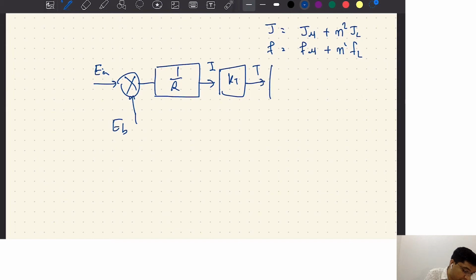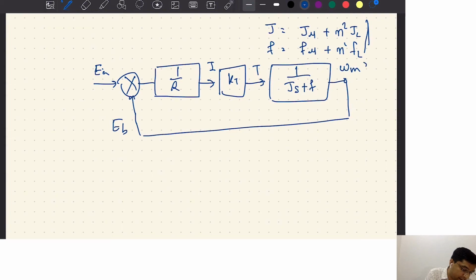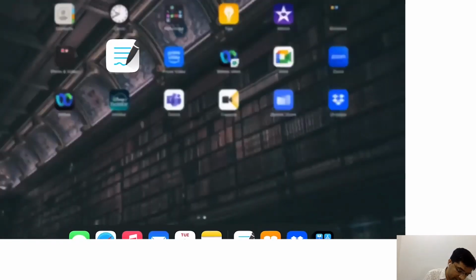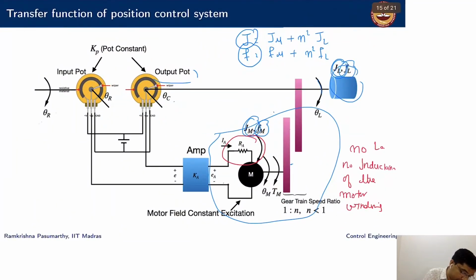Torque goes through all the mechanical components, 1 over (Js plus F). This is the overall load that my motor experiences, generating an omega m. So where is this omega m sitting? This omega m is sitting right over here, right? Theta m dot is omega m.